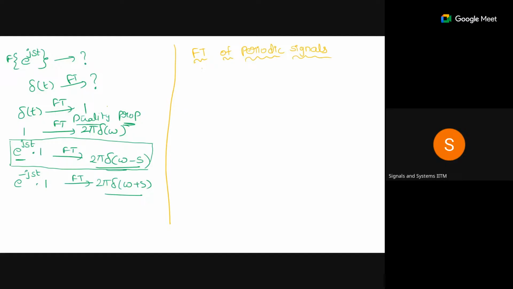Let x of t be a periodic signal with fundamental frequency omega naught. What will be the Fourier series for this, as it is periodic?